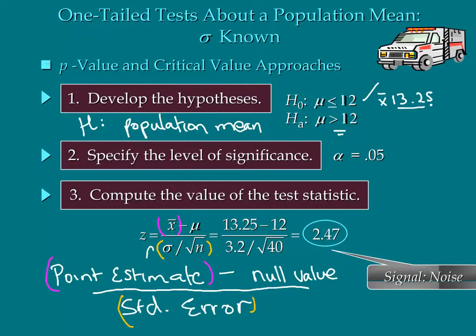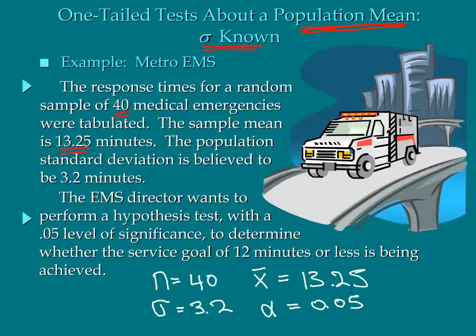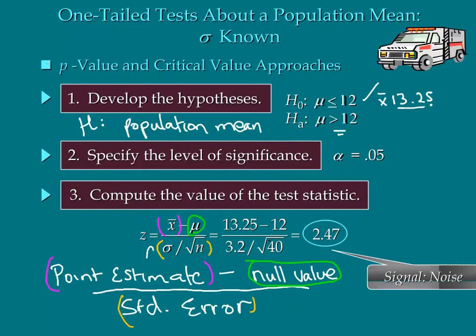Under the null hypothesis, we expect a mean of 12, so the expected value under the null hypothesis is mu, equal to 12. And we piece it all together. The standard error is 3.2 divided by the square root of 40. Remember that the sample size was 40 and the standard deviation was 3.2. That's how that comes about.